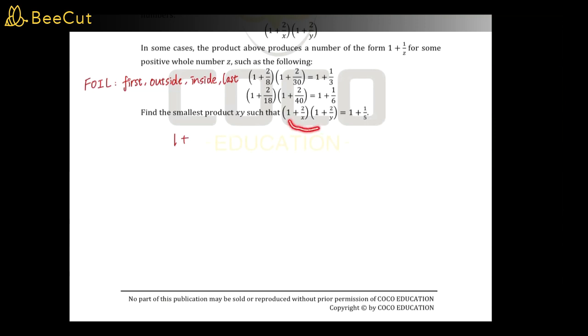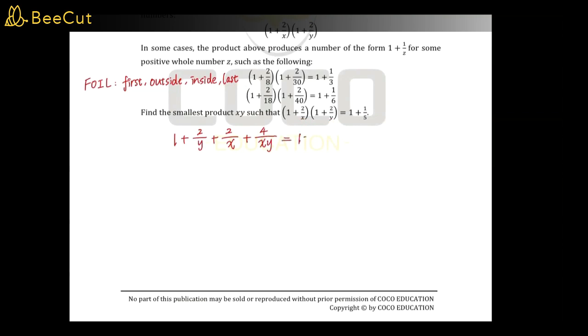The outside numbers, 1 and 2 over y, give 2 over y. The two inside numbers, 2 over x and 1, give 2 over x. The last number of each bracket, 2 over x times 2 over y: 2 times 2 is 4, x times y is just xy.